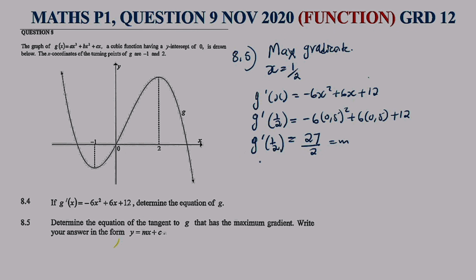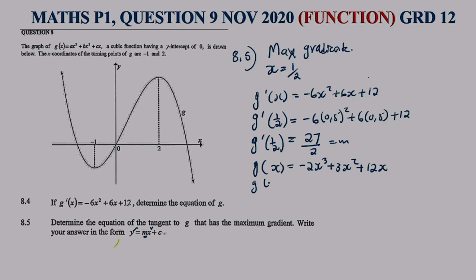Okay, so now we have got the gradient. We need to find the x and the y so that we are able to get c. We already have the x, which is half. So what will be the y? We need to substitute back into the original equation to find y. The original equation is g of x, which we just calculated at 8.4, equal to minus 2x cubed plus 3x squared plus 12x.